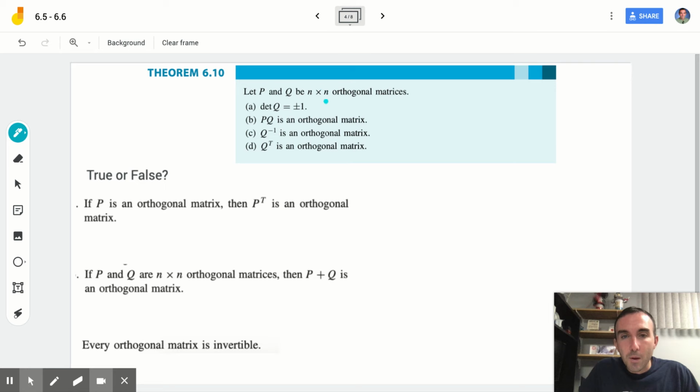Just to give you some intuition, we know that if a matrix Q is orthogonal, then Q transpose times Q equals the identity matrix. So if I work my way backwards, if I start with 1 as the answer, I know that that already is the determinant of any identity matrix, which is a square matrix.